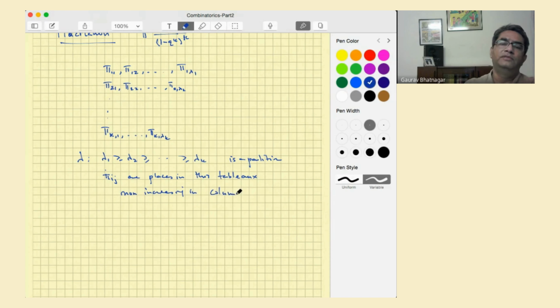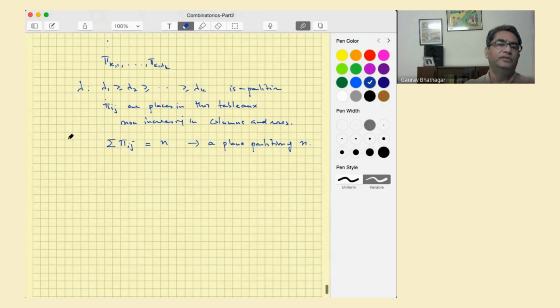If the summation of all these numbers pi ij is equal to n, it's a plane partition of n. So this is known as pi.